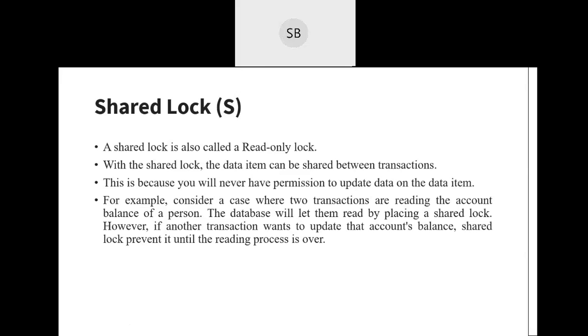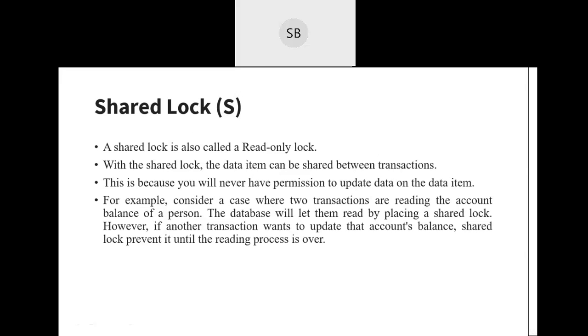If we only use the reading part, if we give the permission to read the transaction, there won't be any problem in the concurrency, right? Inconsistency will not be there. For allowing the other transaction to read at the same time, we have to go for the shared lock, which is also known as the read only lock. That is, we can only read the transaction, but we cannot make changes.